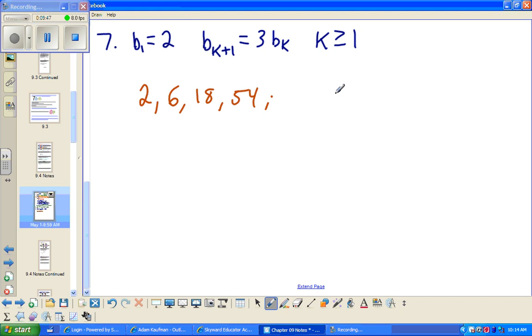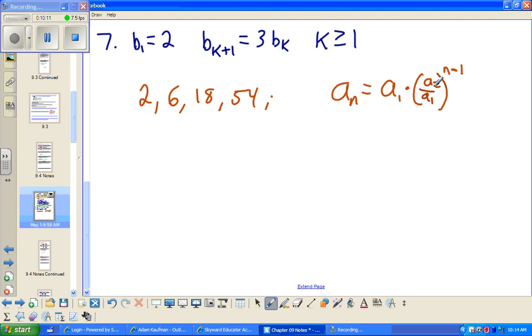Well, the little formula you need to know for the geometric sequence is to get the nth term, a sub n, you take the first term times the second term divided by the first, raised to the n minus 1th power.